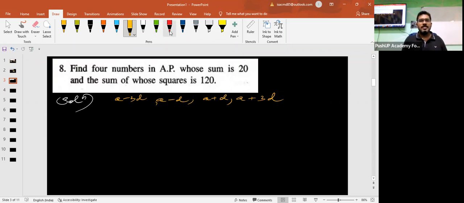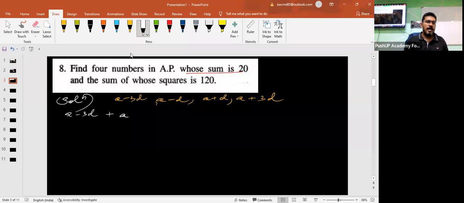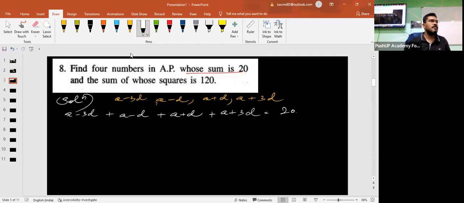So the sum of all these 4 numbers is 20, which means A minus 3D plus A minus D plus A plus D plus A plus 3D is equal to 20. Then let's simplify. Minus 3D and positive 3D will get eliminated.